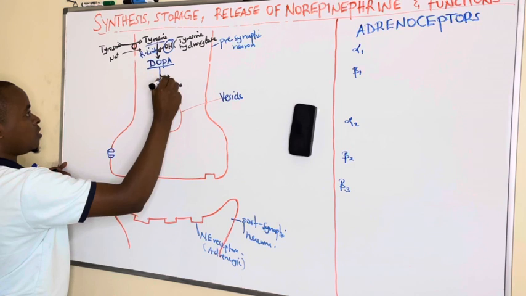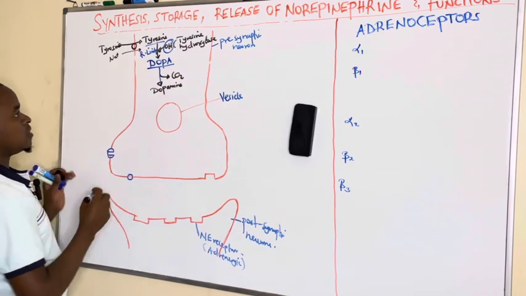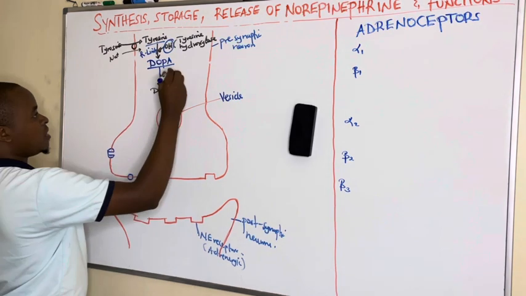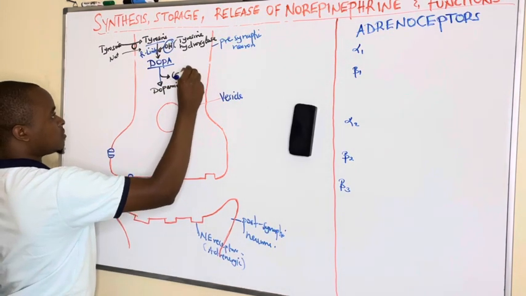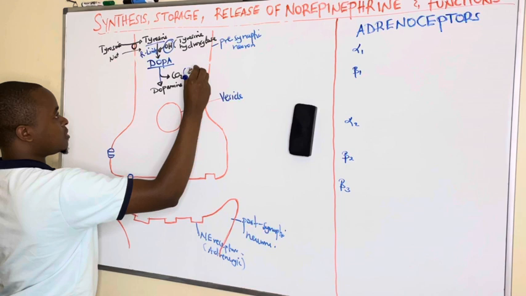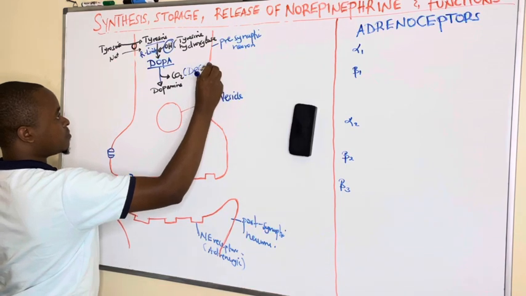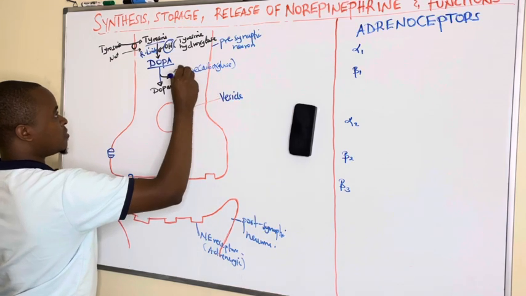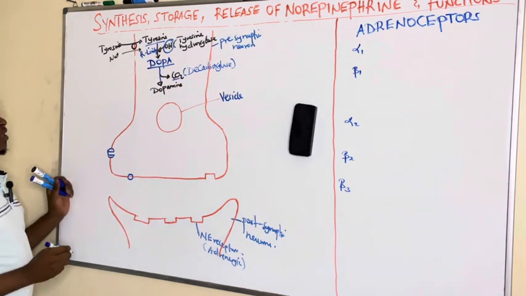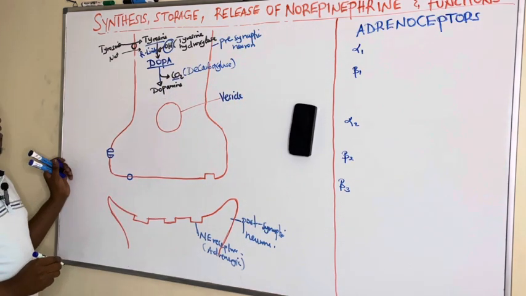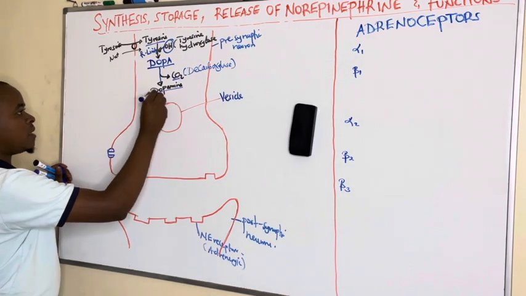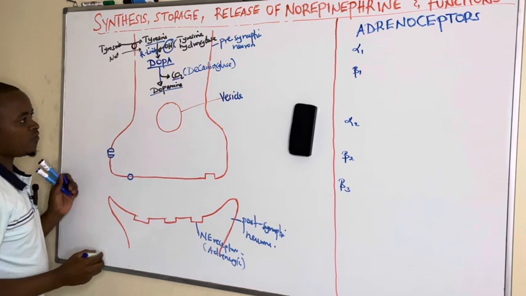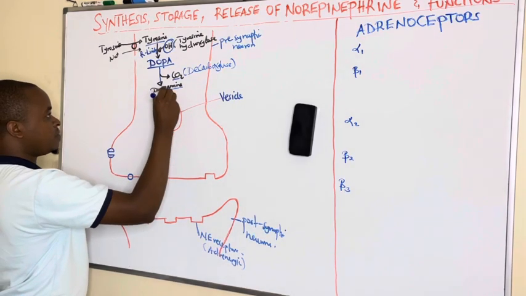Decarboxylation means loss of carbon dioxide, and this carbon dioxide is removed by an enzyme known as decarboxylase. So the decarboxylase enzyme is the one catalyzing the removal of carbon dioxide from dihydroxyphenylalanine to form dopamine, and this dopamine formed is the one that is converted into norepinephrine.